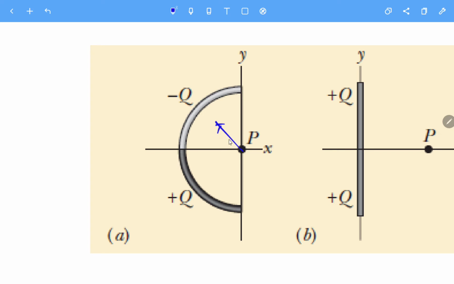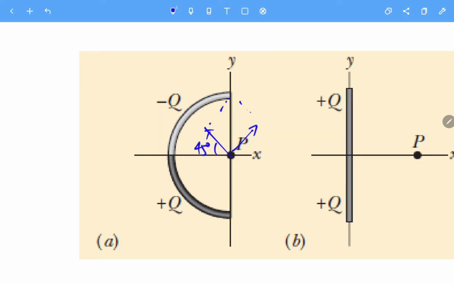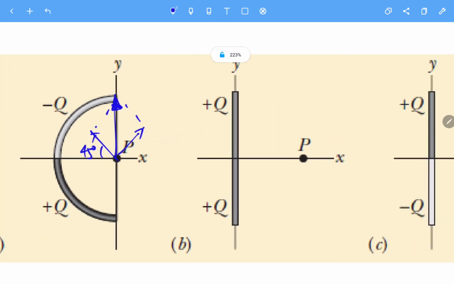Actually, it's 45 degrees with the negative x-axis. So how about this part? This is 45 degrees. So for this one, top right. So the overall direction is pointing upward, like this.